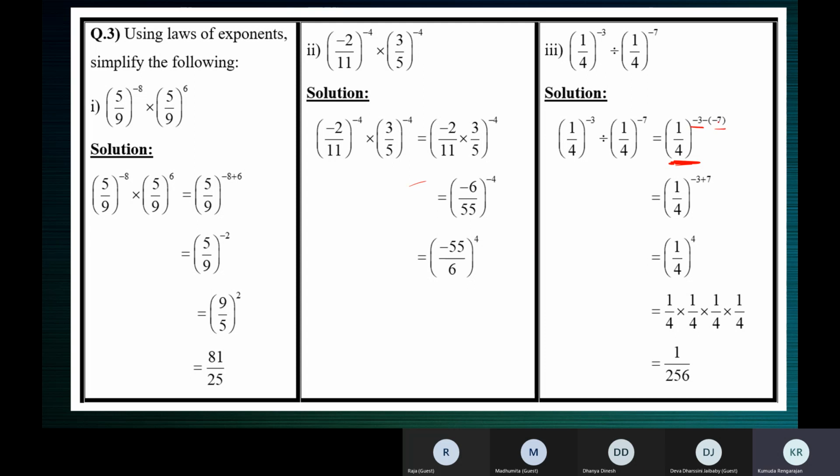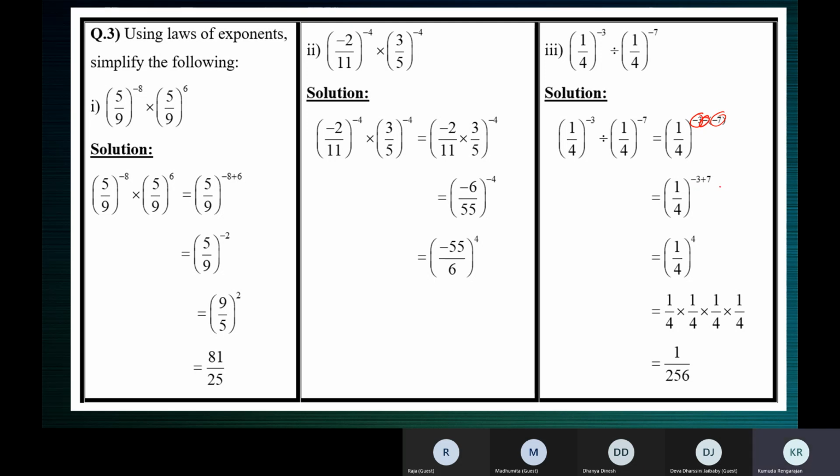Minus 3 and minus 7 are the powers. Subtract it.